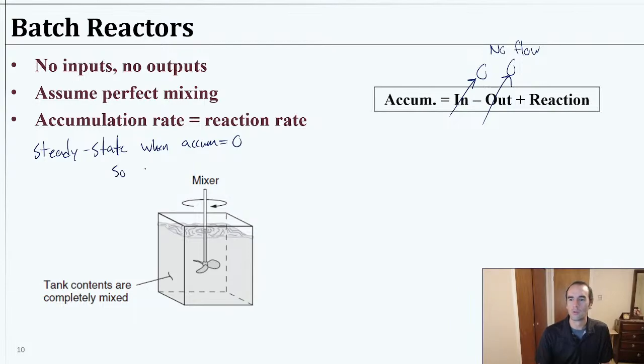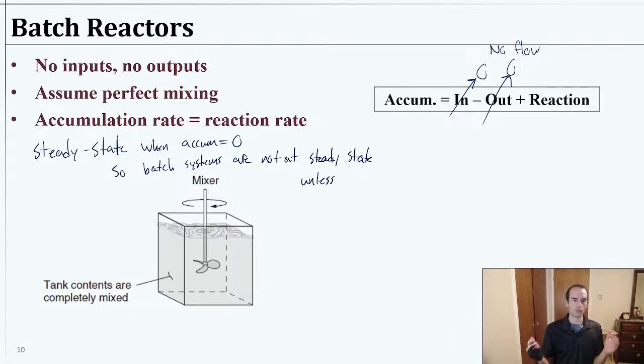So we'll say batch systems, I guess, are not at steady state, unless we have multiple reactions and they're counterbalancing each other. That would be the only time we'd reach a steady state in a batch system.